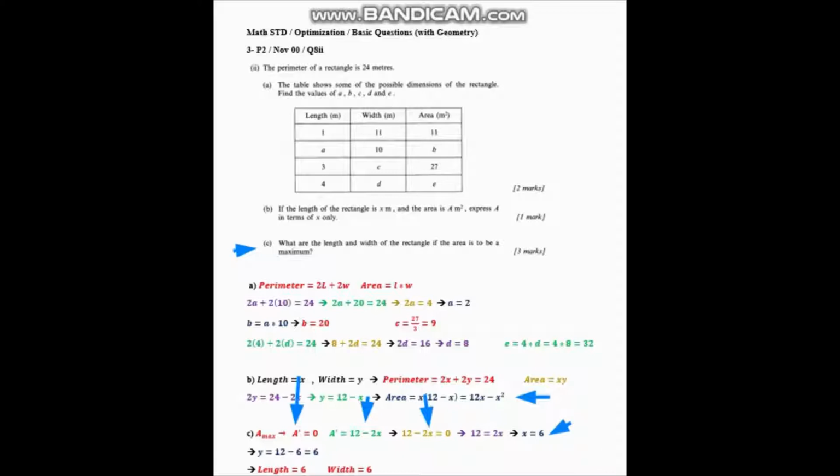Then I use the value of x in order to find the value of y using the green equation right there. So since x equals 6, y equals 12 minus 6, which is also 6. Hence, the length and the width are both equal to 6. These are the values that shall maximize the area.